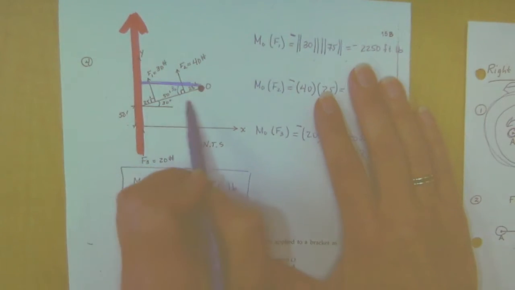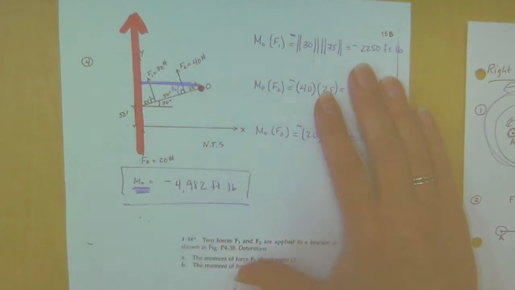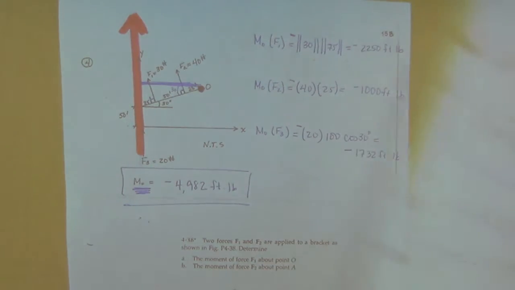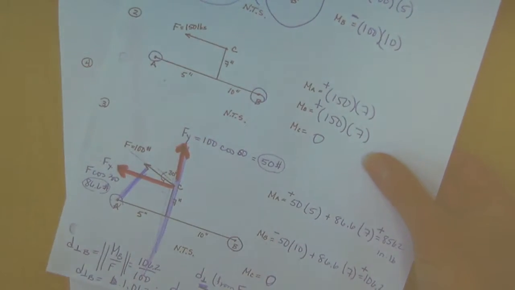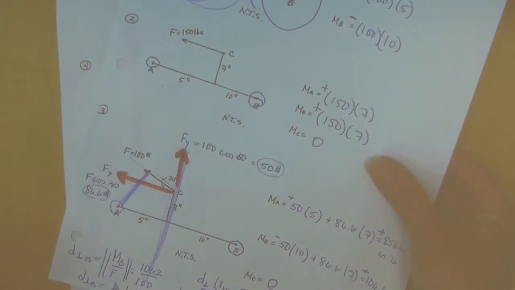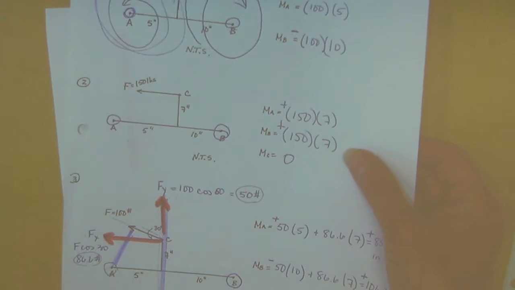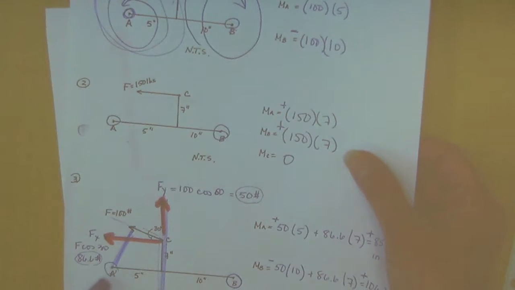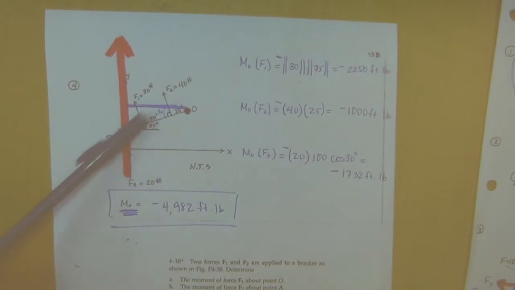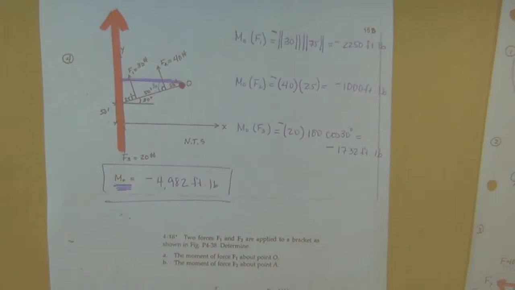So it's just 100 times the cosine of 30. I only break it up when it's difficult for me to find the geometry to find a perpendicular distance. So we had two where we could see the perpendicular distance right away. Here it was difficult, so we broke the force up into components. Here I was able to find the geometry.